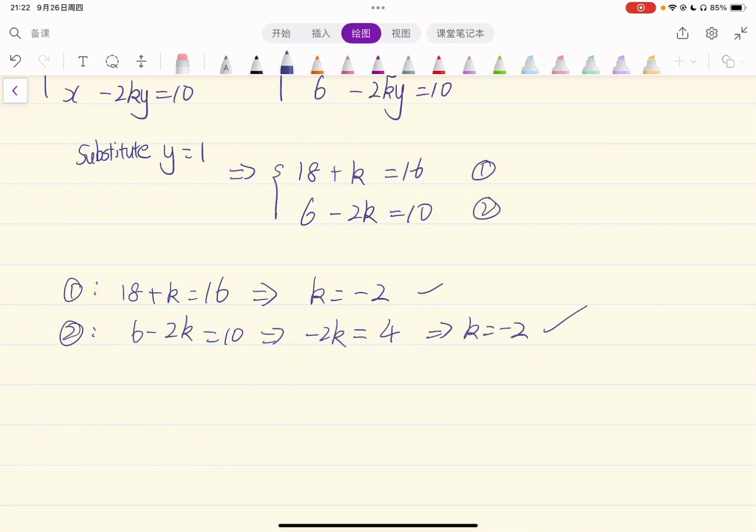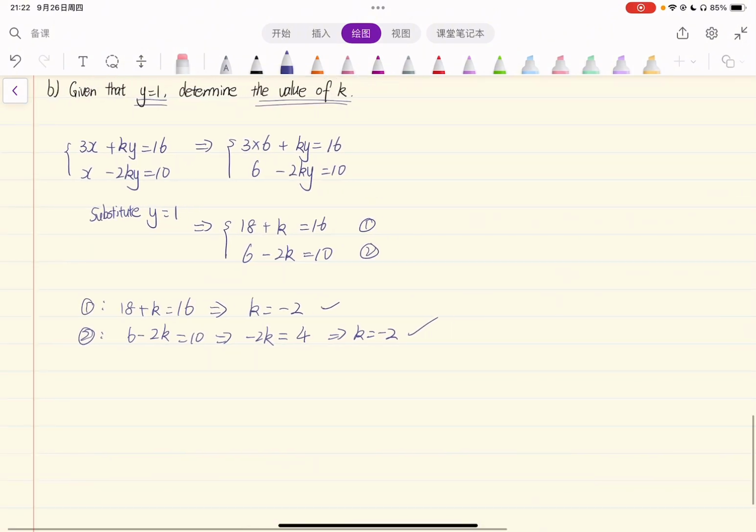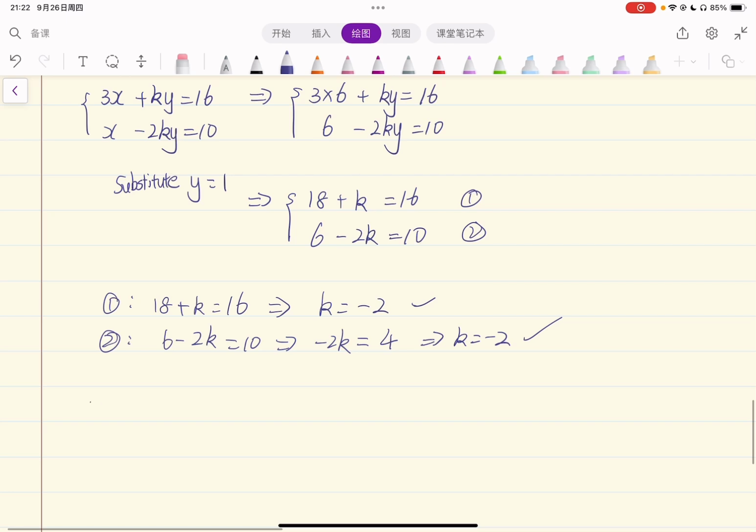So we have the same value of k. Thus we get the answer: when y equals 1, the value of k is minus 2.